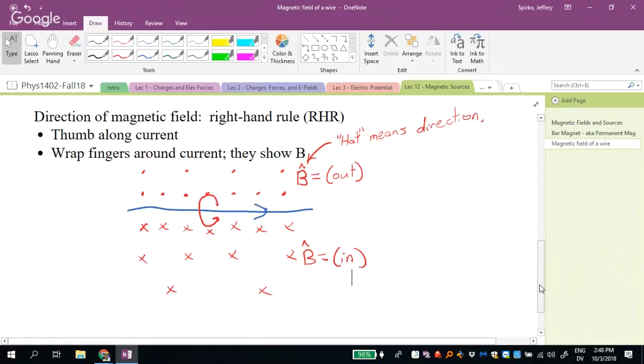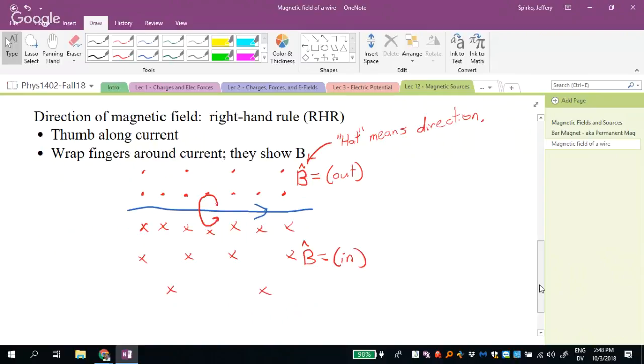So that is a representation of the direction of the magnetic field due to that particular current. Now, if we make the current point upward, then that just changes where the dots and X's go. You could, in a sense, just take this entire drawing and rotate it sideways, which I can't do in OneNote, so I'm not even going to try.